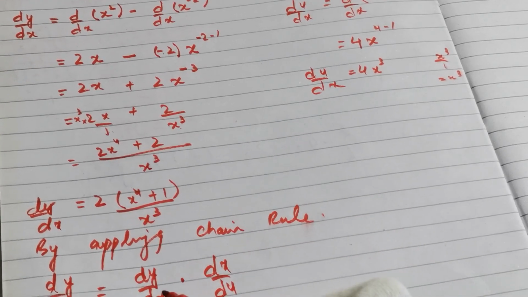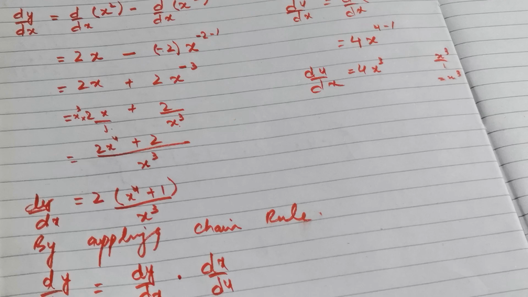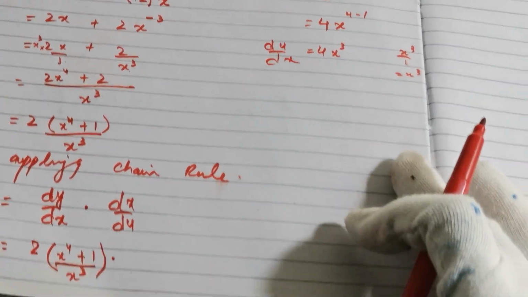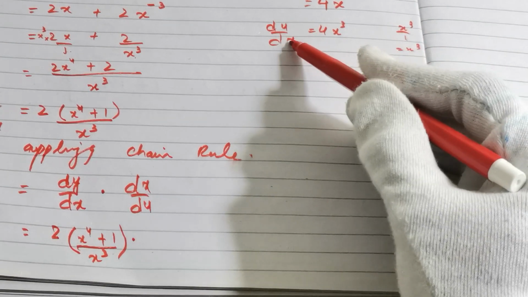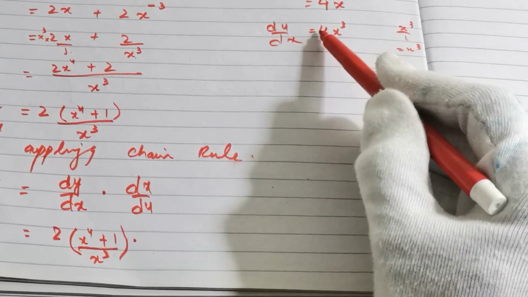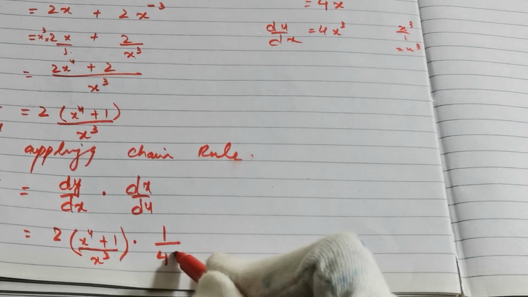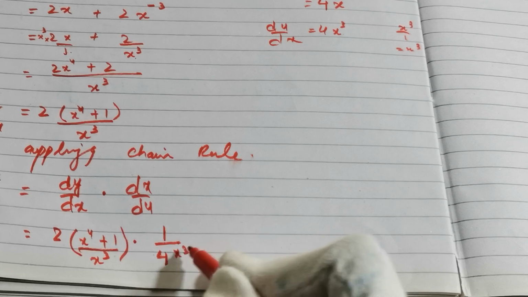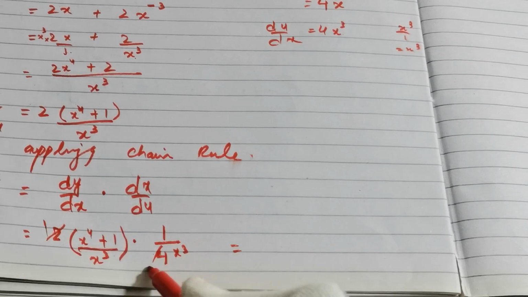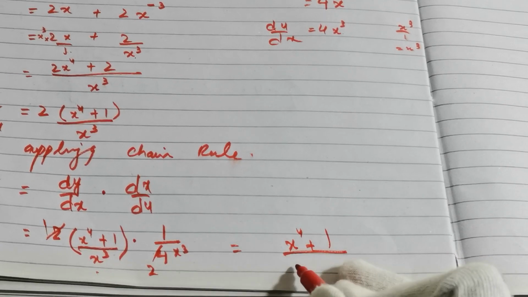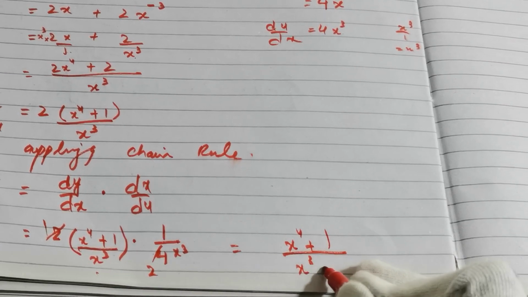Now we'll use the value dy by dx is 2 times x raised to power 4 plus 1 divided by x cube, and du by dx is 4x cube, so dx by du we will write as 1 by 4x raised to power cube. 2 1s are 2, 2 2s are 4, so x^4 plus 1, x cube into x cube becomes x cube dot x cube.